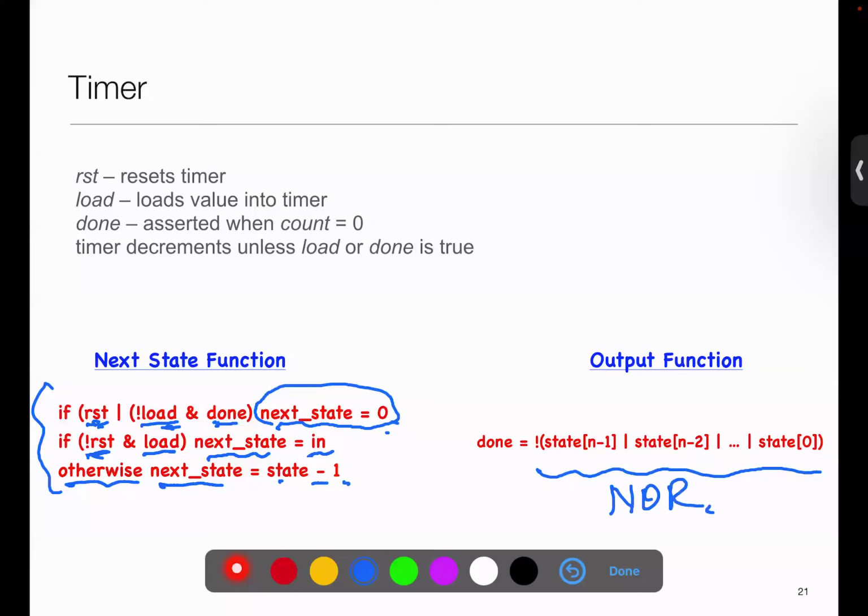Since I'm using programming language syntax, I'm using the exclamation point here. In our logic expression terms it would be the tilde sign, but since we are attempting to write it as Java or C type code, that's what we have. So that's a timer. Again, a few lines of code, and then there are tools which can take descriptions like these and generate the logic for you, generate the finite state machine.